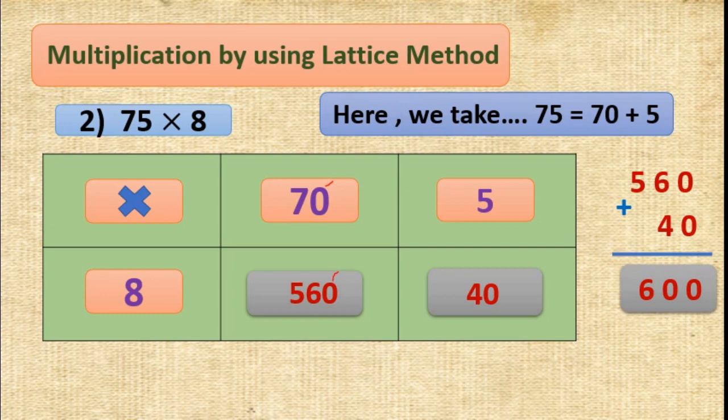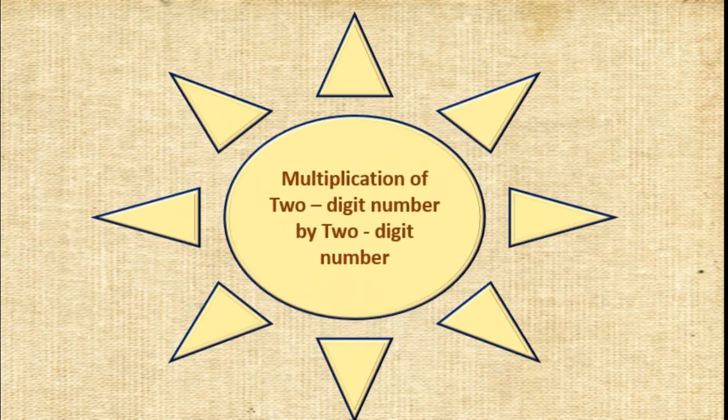Now we have done two sums of the same kind, that is a 2-digit number multiplied by a single digit number. Now multiplication of a 2-digit number by a 2-digit number.